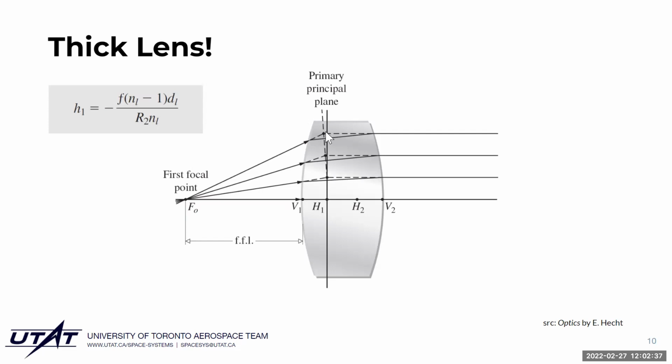So essentially what you have here is, let's say your image is at a focal distance away from your principal plane. Then the rays coming out of the entire lens are parallel. Notice how this is very reminiscent of what we had with a thin lens when there was no distance at all. Here we do have distances, but where this effective focal length takes effect is somewhere inside the lens.